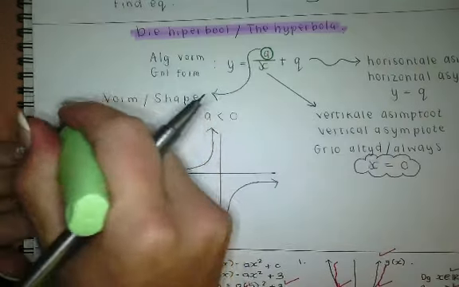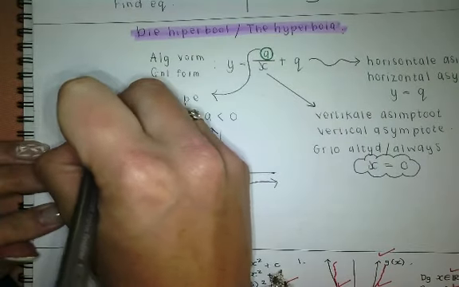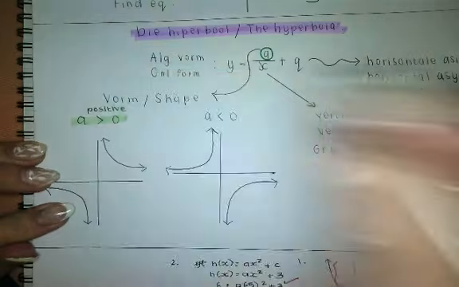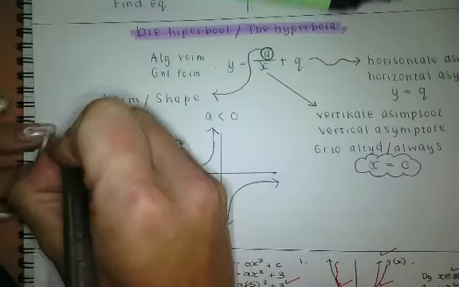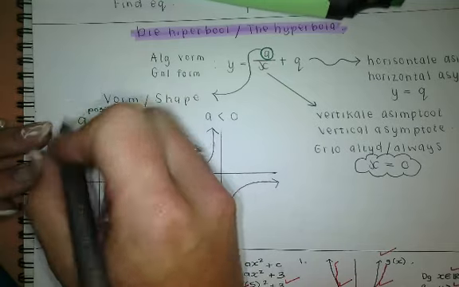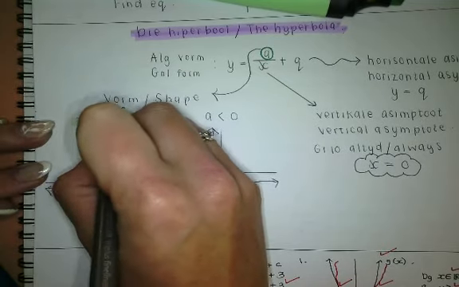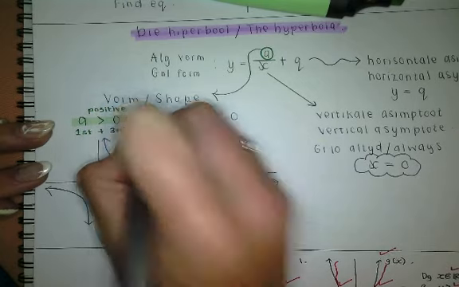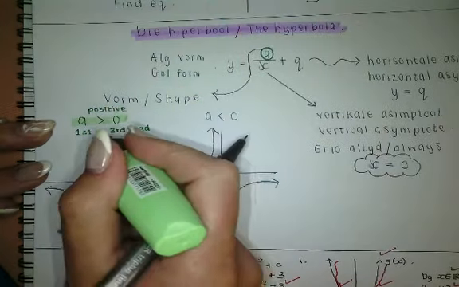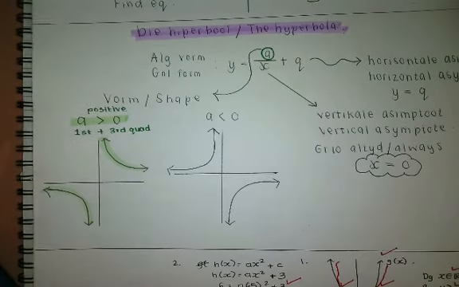If a is greater than 0, meaning it's positive, the two arms of my graph are going to lie in the first and third quadrants. Can you see here? My first quadrant and my third quadrant.